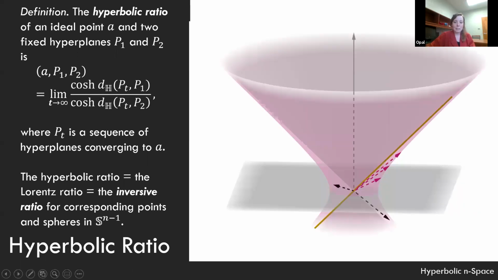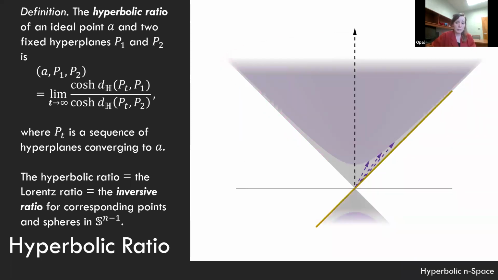So just to go back to Lorentz space real quick, that sequence of hyperplanes corresponds to looking at a sequence of space-like unit vectors that's limiting to this light-like line. And so it's just a pretty simple continuity argument to say that the limit of that ratio is going to limit to that Lorentz ratio that we saw earlier.